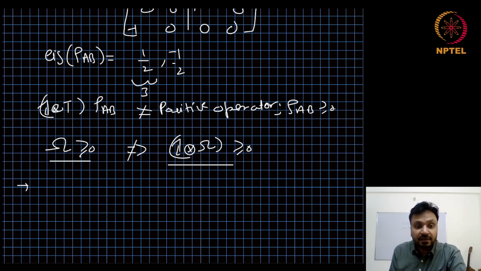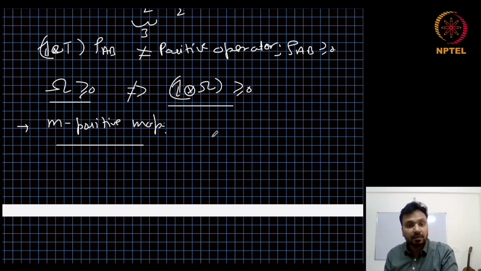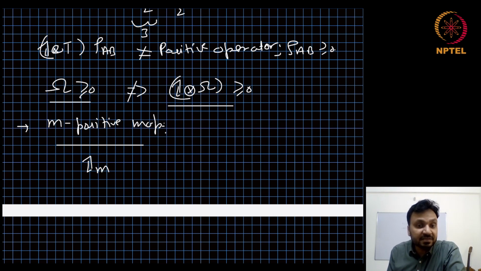So here we define a new notion, we call it an M-positive map. M-positive maps are those maps where we have a subsystem which is M dimensional, and our map omega, identity tensor omega, is positive for omega positive.